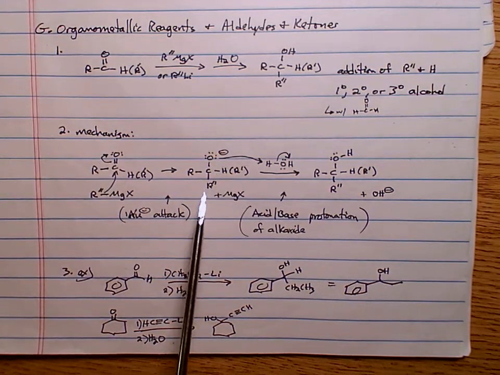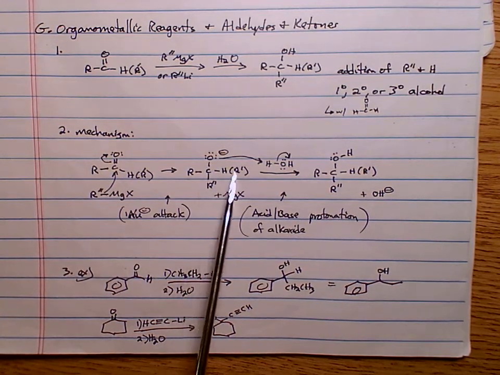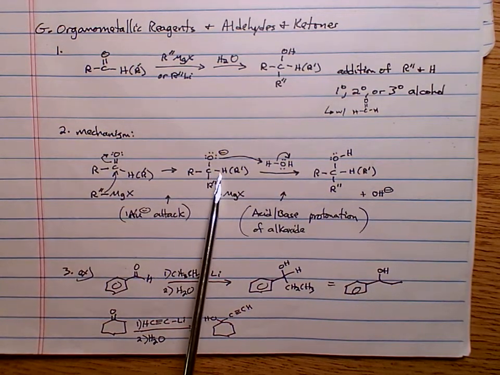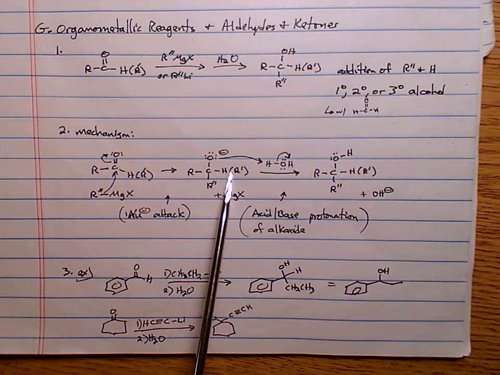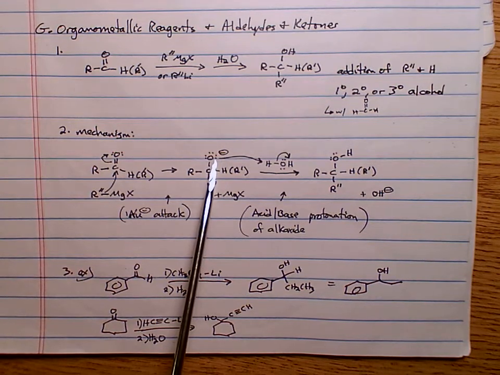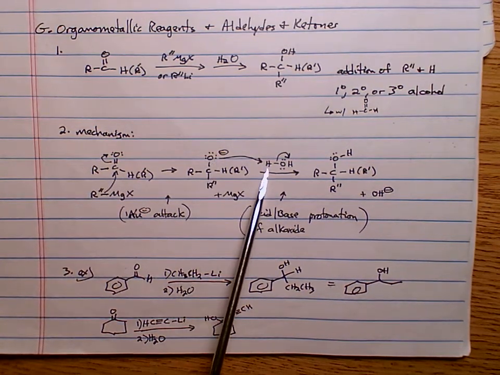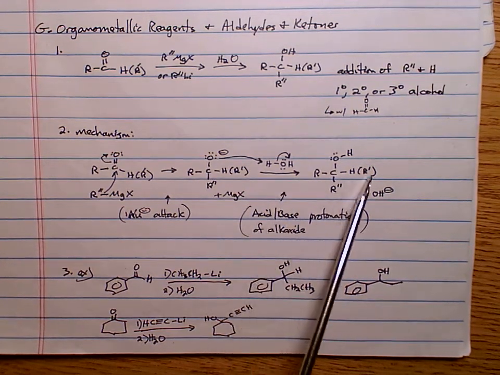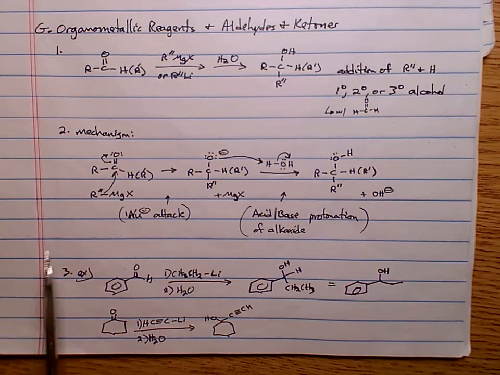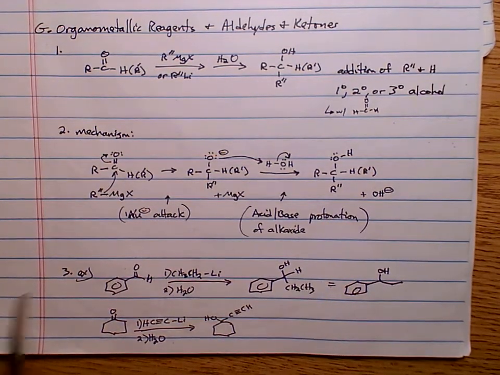Since now we have the bond between R double prime and the carbon, we've got a carbon-carbon bond here and a carbon-hydrogen or carbon-carbon bond here, all fairly strong bonds, no leaving groups. That means that this oxygen, this oxide here, is going to attack the hydrogen of the water, our aqueous workup, and form our alcohol. So we get nucleophilic attack followed by protonation of the alkoxide.